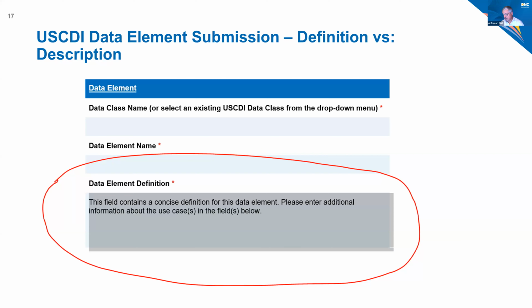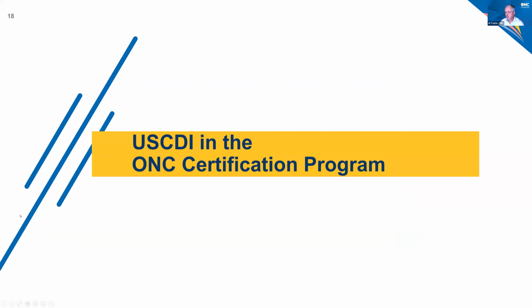So instead of just describing the data element, which a lot of times results in a fairly long narrative, we're asking for a more concise definition. This would be the definition that's used when we publish the data element and consider it for USCDI.